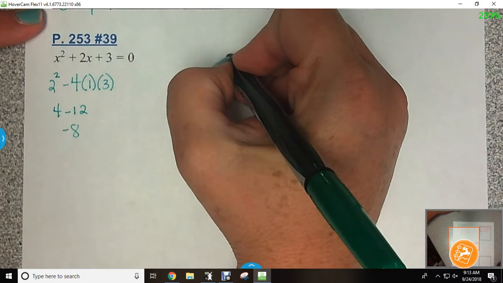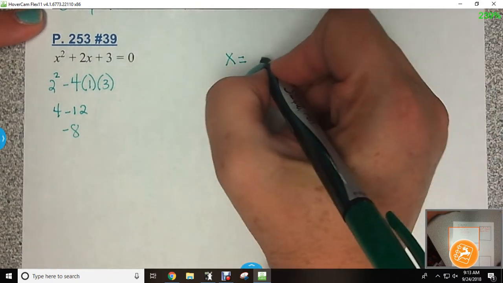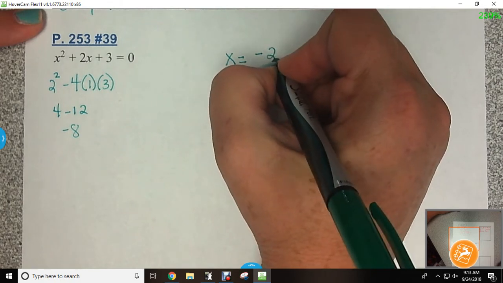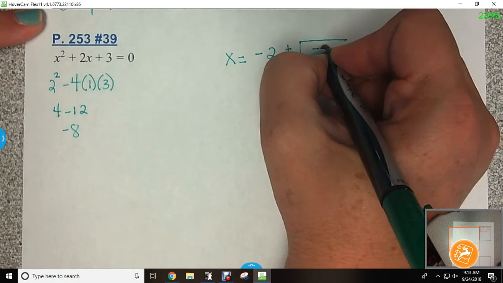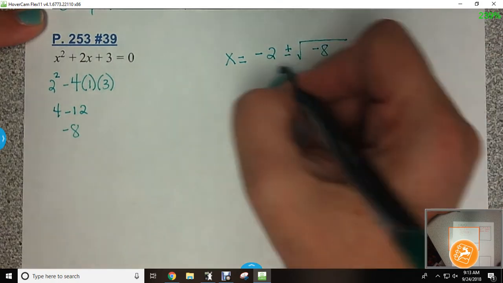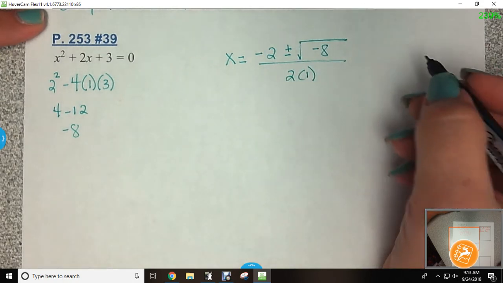So let's plug that into our quadratic formula and see what it looks like. Okay, so x equals negative b, well b is 2, plus or minus, your discriminant goes under here, and then over 2 times 1.